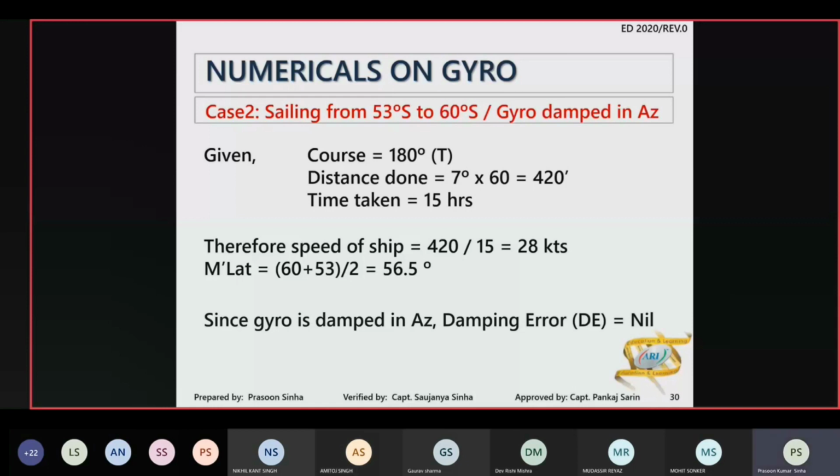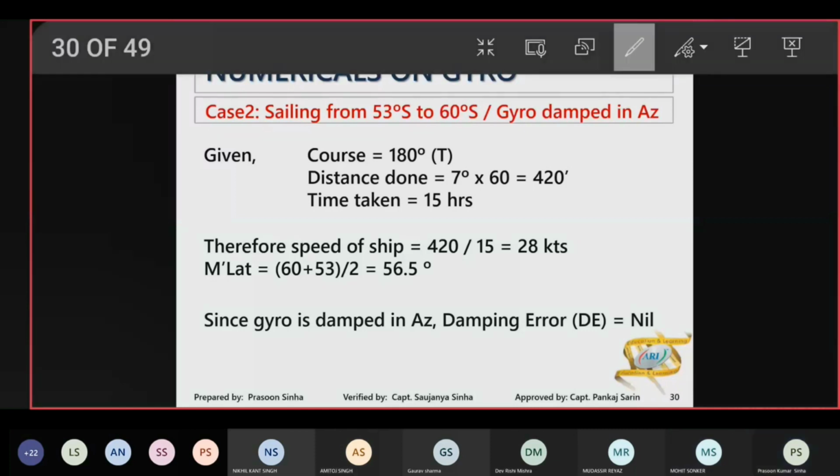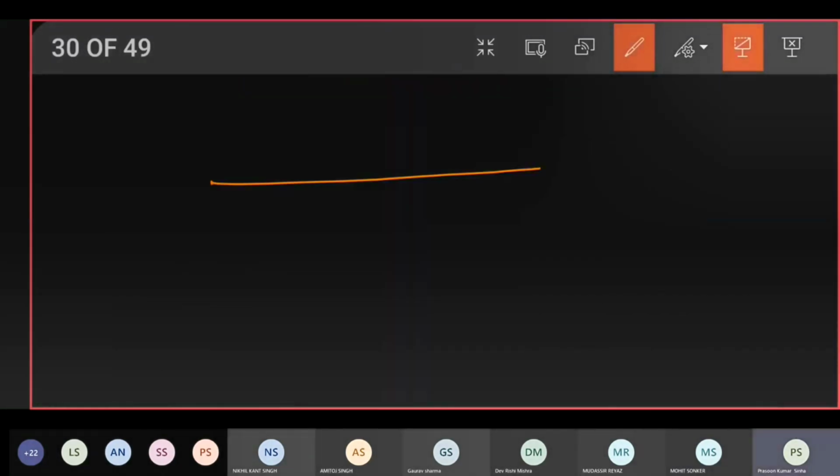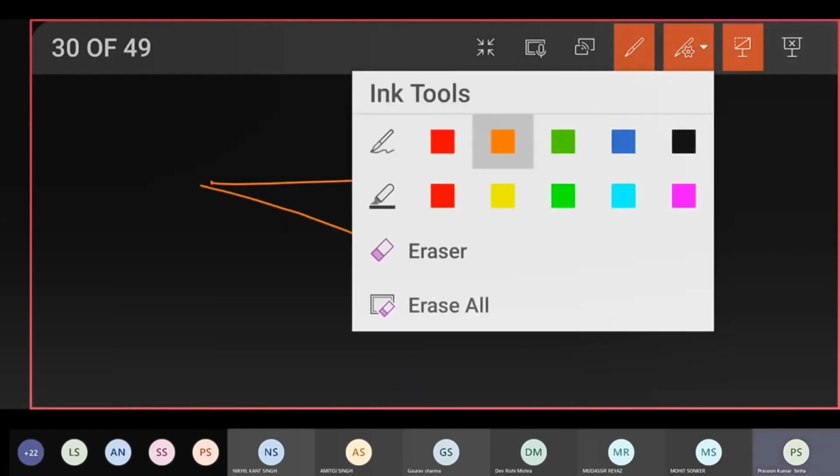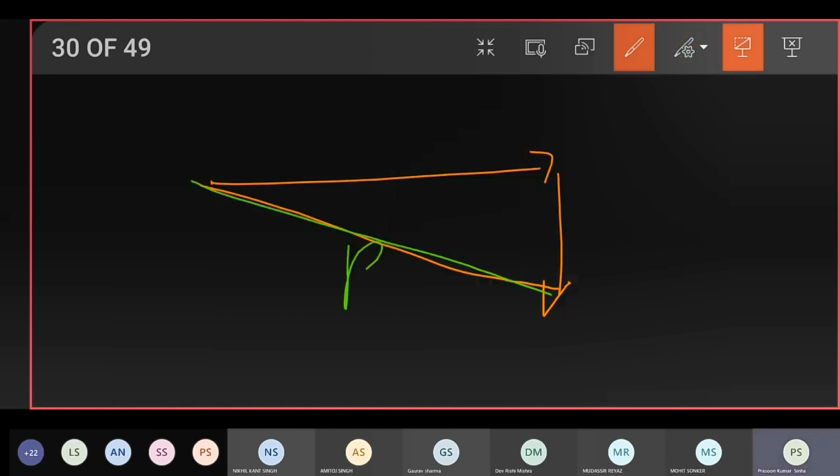Easterly, sir. Very good. Easterly. Since course is southerly, steaming error will be easterly. Again, the error will be resultant to perpendicular, so it will be easterly.